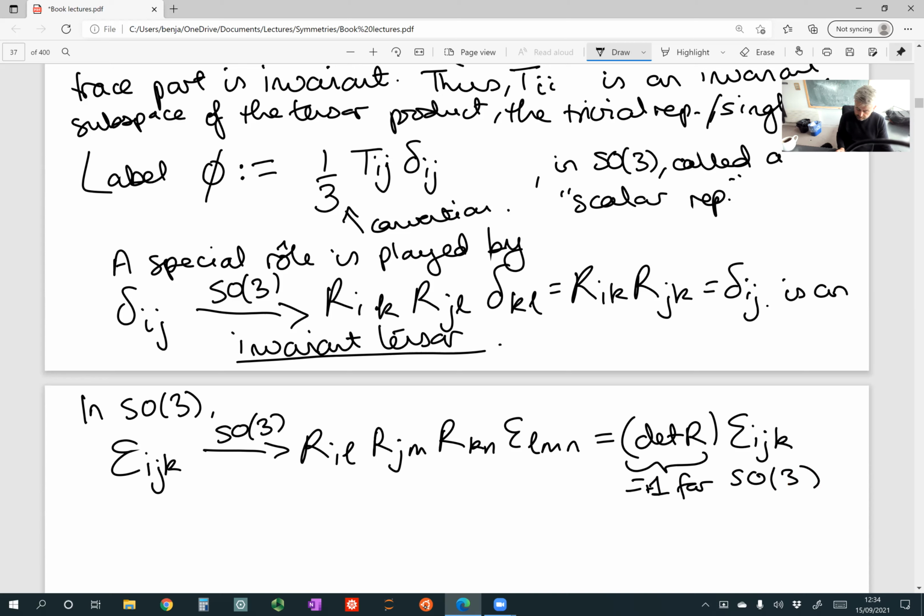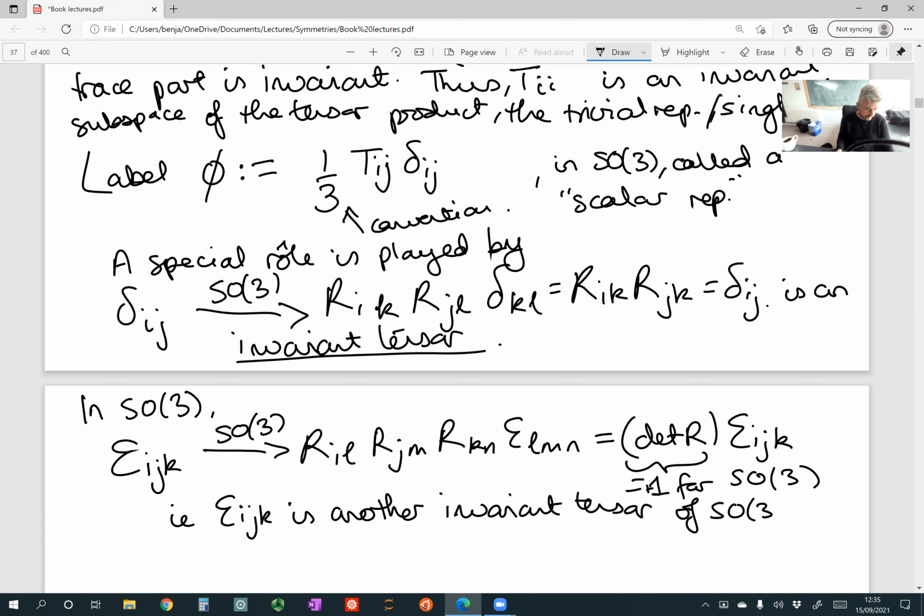So we see again that epsilon_ijk is an invariant tensor of SO(3).